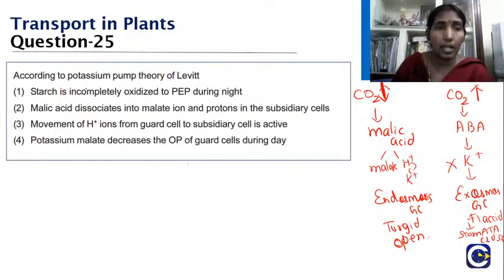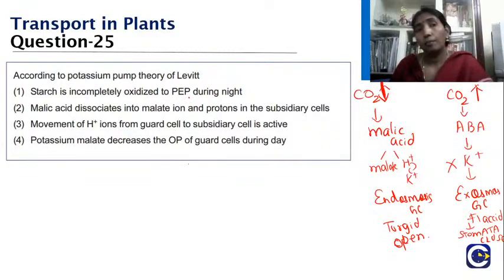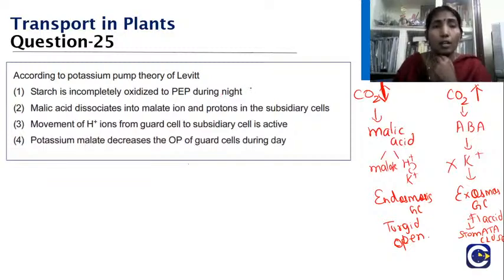Now the option says the starch is incompletely oxidized to phosphoenol pyruvate during night. So this cannot be the one, right? Malic acid dissociates into malate ion and protons in the subsidiary cells. This is not correct either. The movement of hydrogen ion from guard cell to subsidiary cell is active. The potassium malate decreases the osmotic potential.